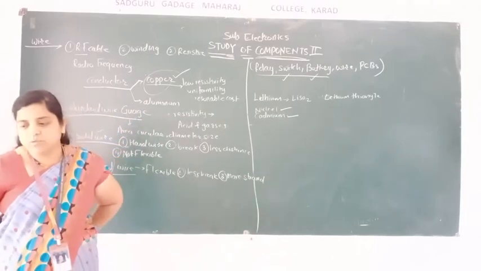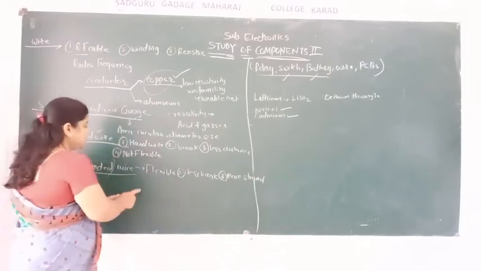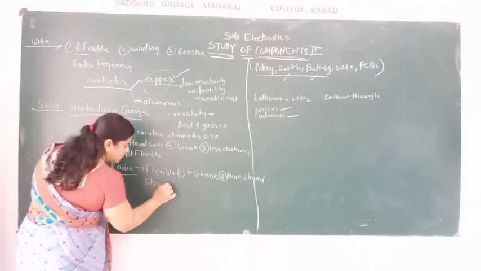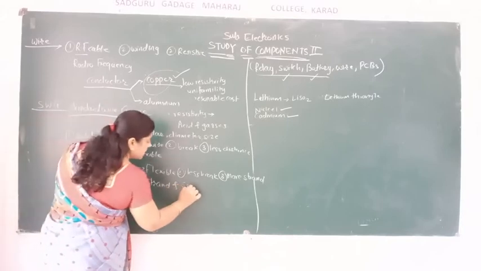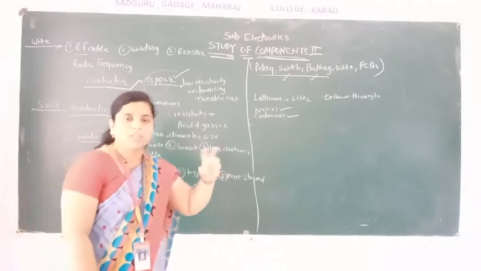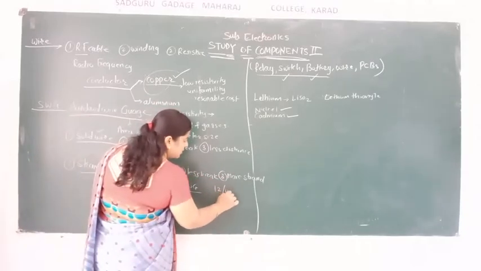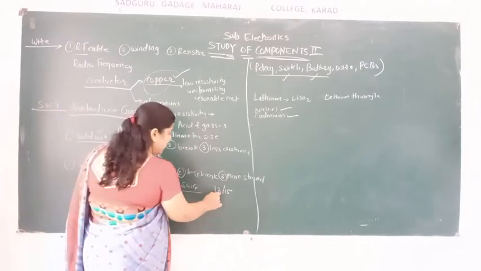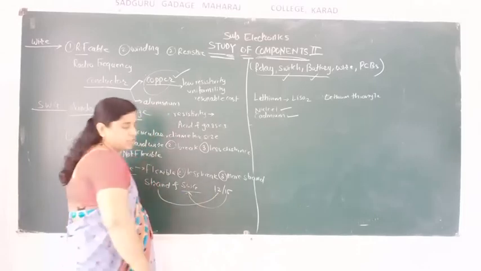Multi-strand wires are specified by strands and SWG. SWG means what? Standard wire gauge. This wire depends on gauge. For example, if the wire is 12 upon 15 gauge, this 12 is its strand and 15 is its gauge.